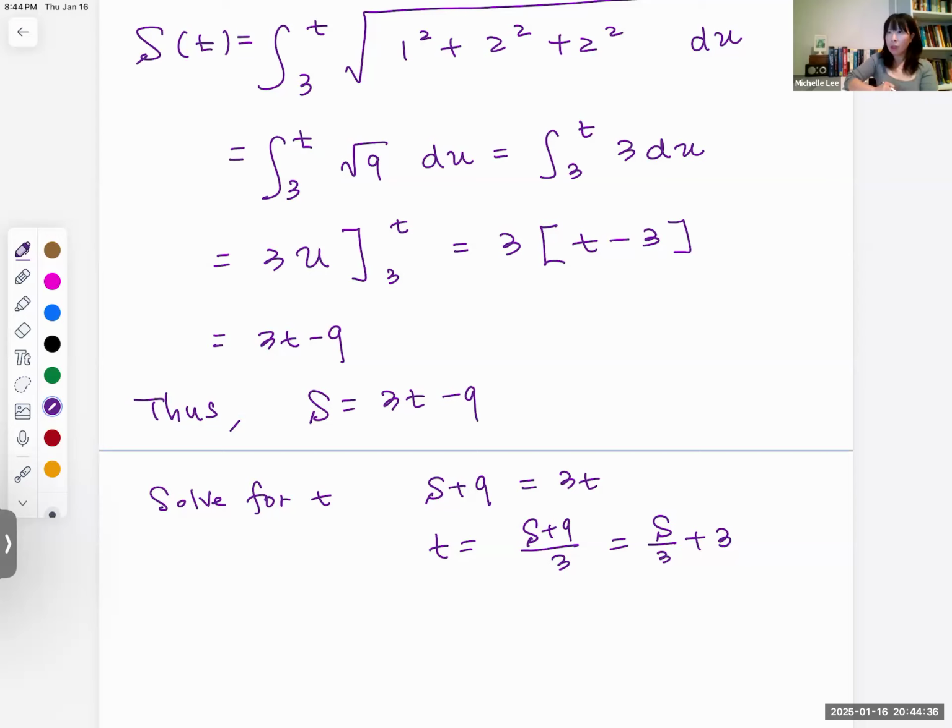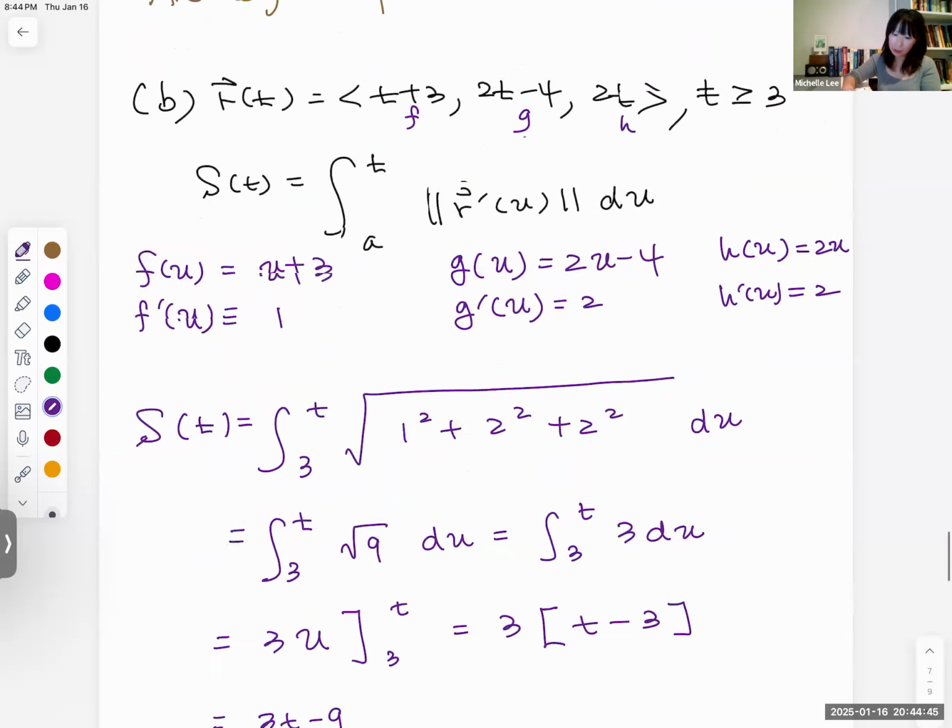Okay, we have a restriction about t: t must be greater than or equal to 3, right? In the beginning.